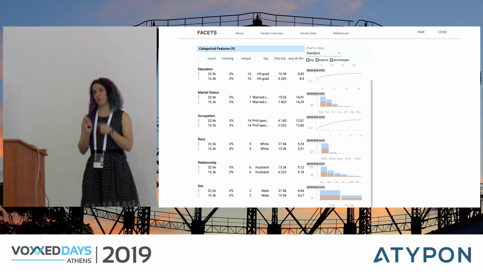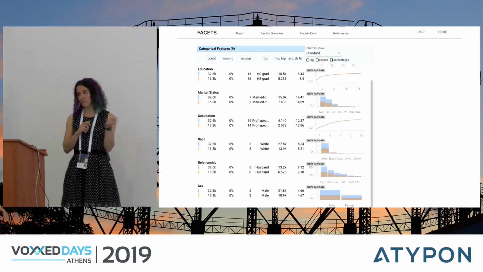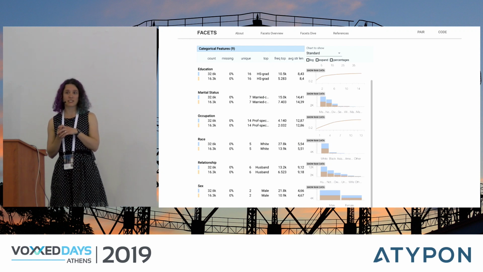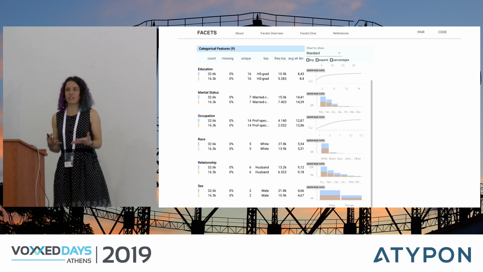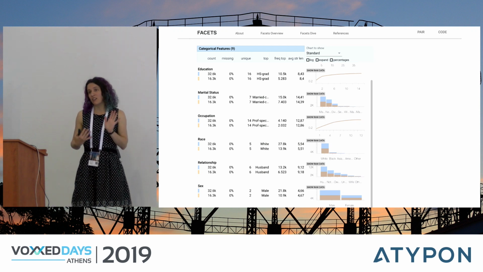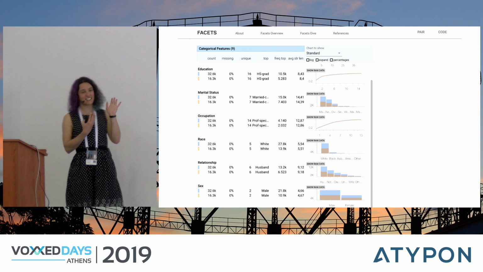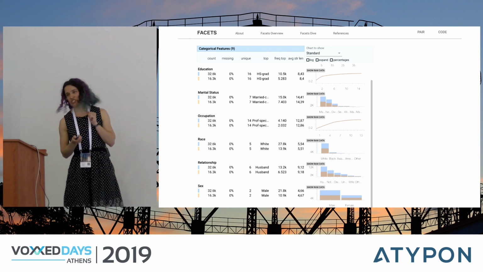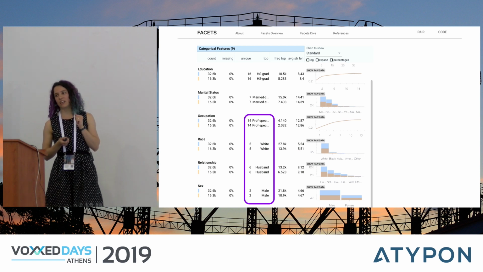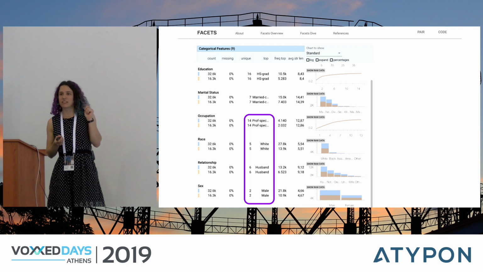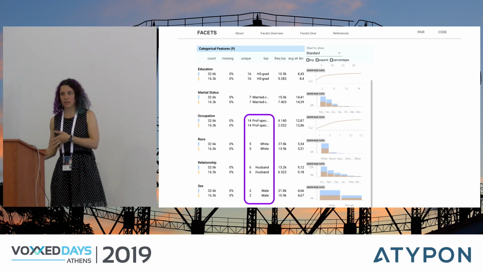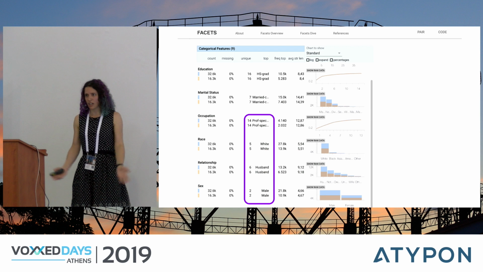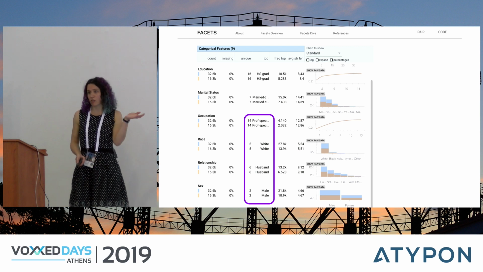Combined with that, Google have Facets and Facets Dive, which is a cool tool for visualizing who is actually represented in a data set, so we can get an idea. This is census data, just used in their example, and we can see here that it mostly represents married professional white men. And that's fine, if the predictions that we're making are about that group.